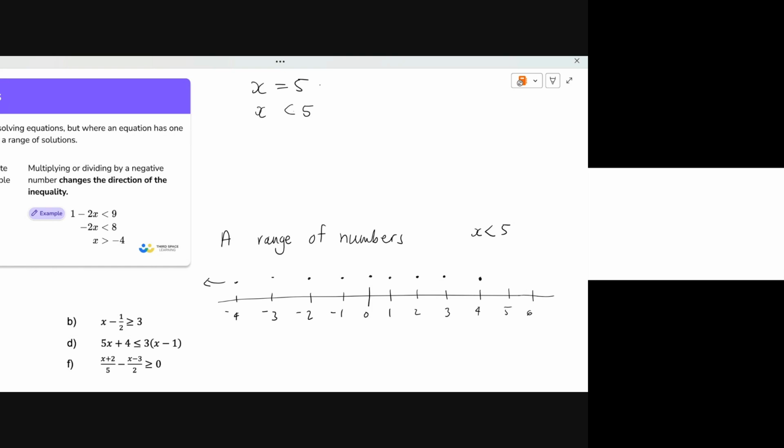But technically, guys, we are lying. It's not just these numbers. Let's think about it realistically. If x just needs to be less than 5, wouldn't 4,9 also mean that that's a number less than 5? Yes, 4,9 is a number less than 5. I'll do you one better.